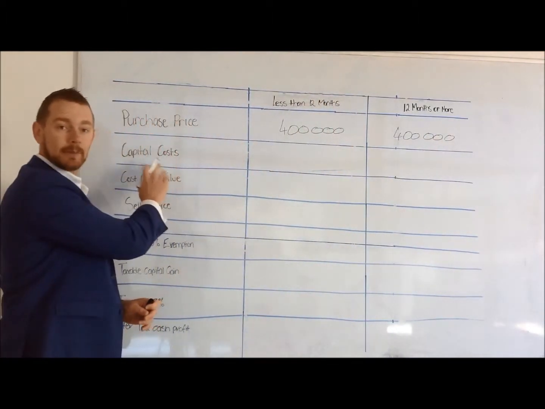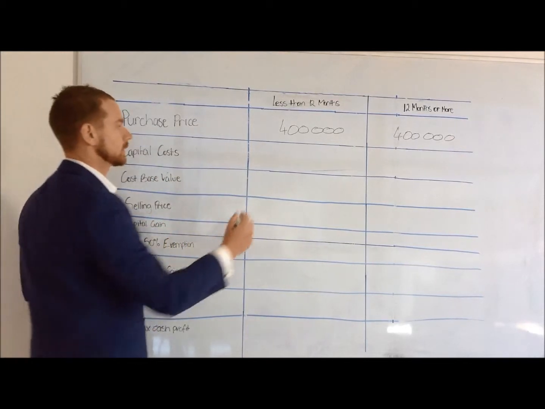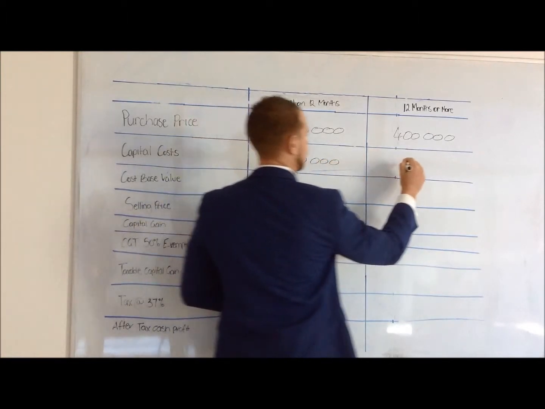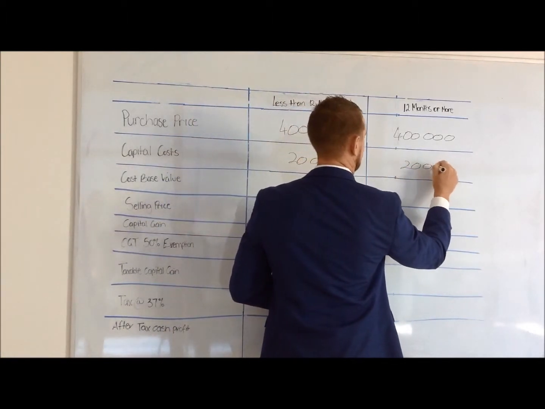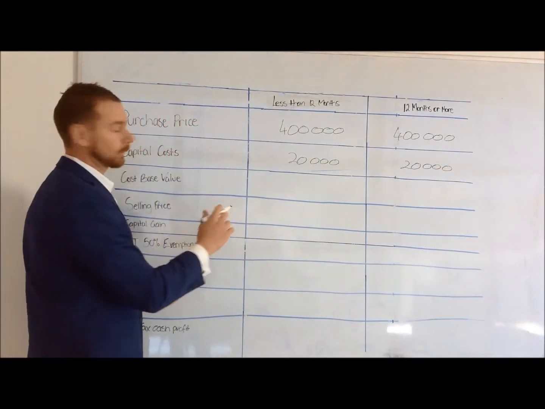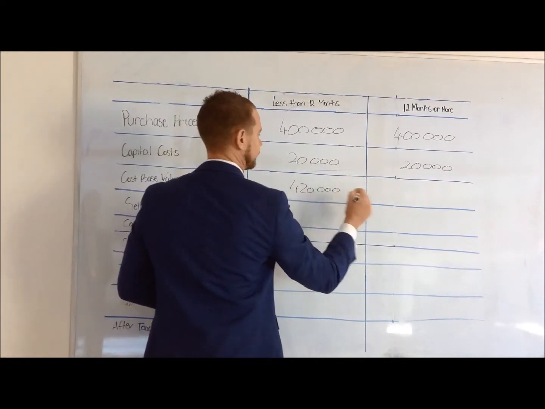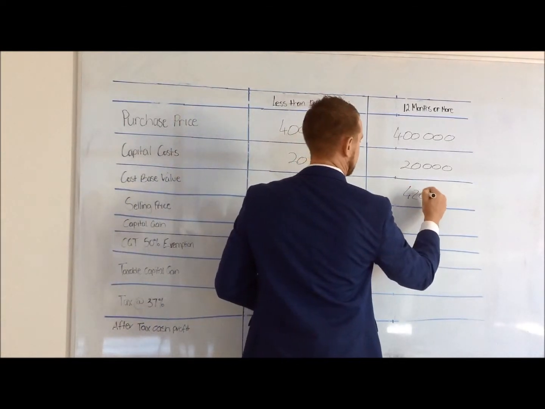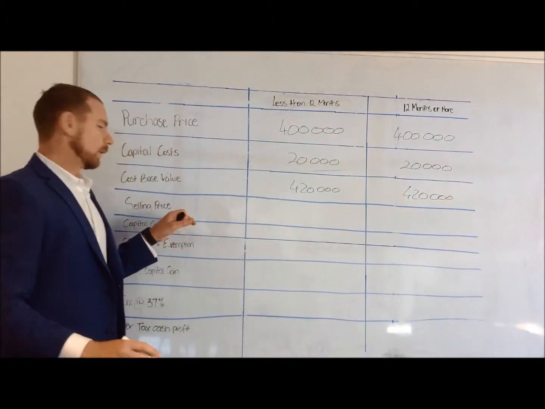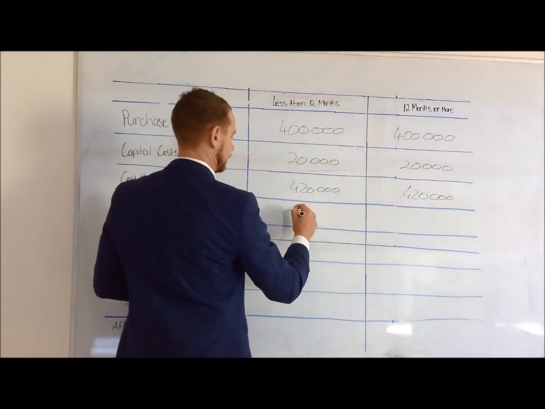And we may have some capital costs, which can be things like stamp duty and legal fees on the purchase, of approximately $20,000, meaning it's got a cost-base value of $420,000. We can look at the selling price being $500,000.